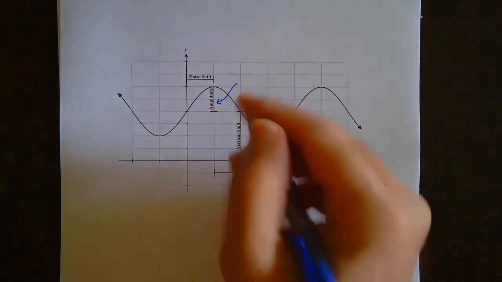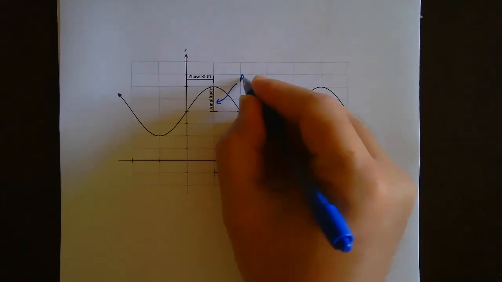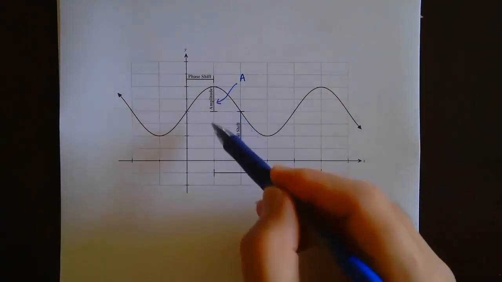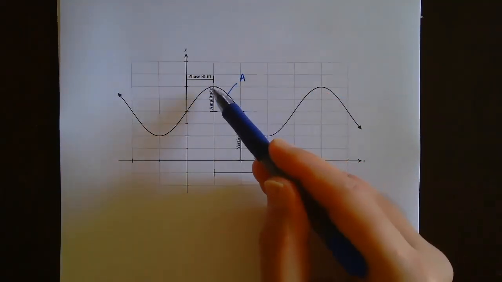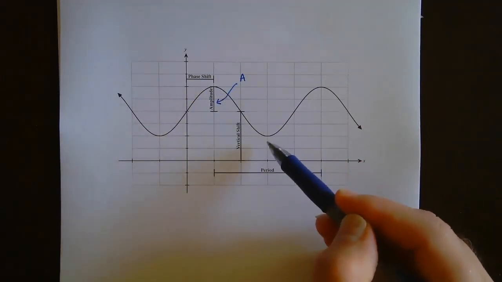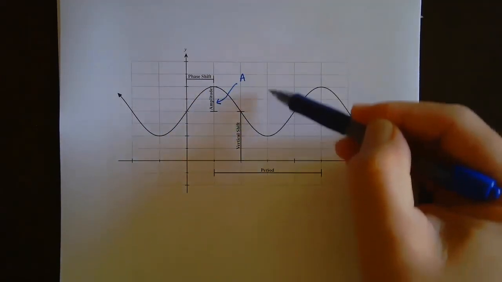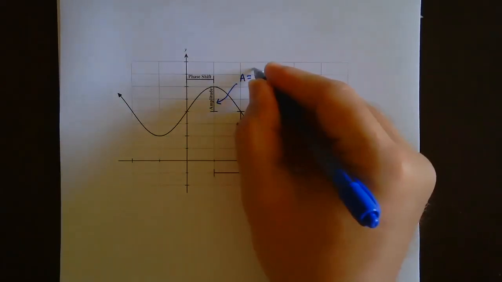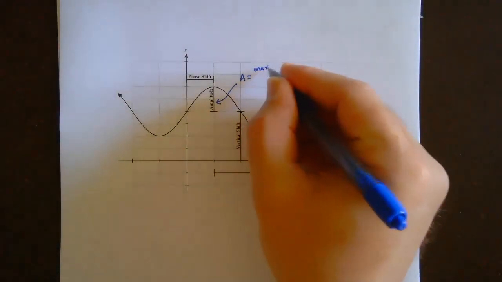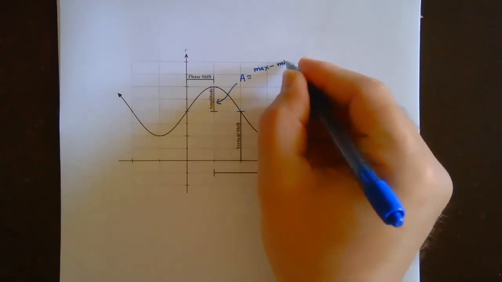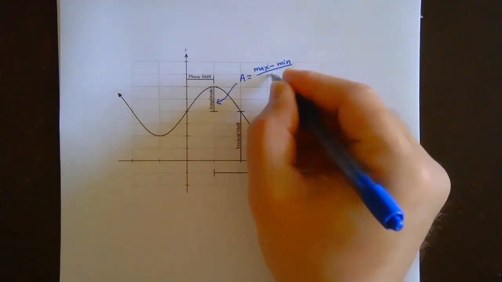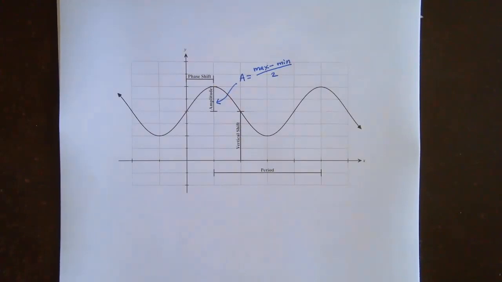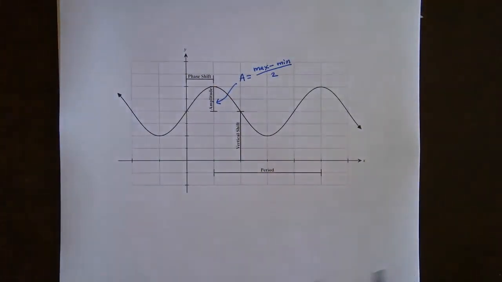This is our amplitude, which we call A. And the way we get this distance right here, we're going to take the maximum minus the minimum, which would give us this entire vertical distance, and we're going to half it. So our A is going to be our max minus the min, divided by 2, and that's going to be our vertical stretch.